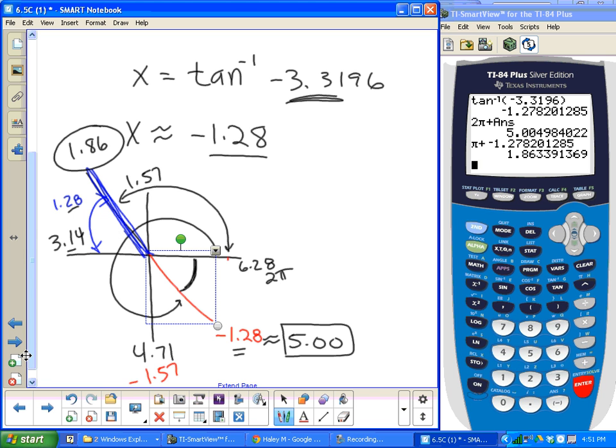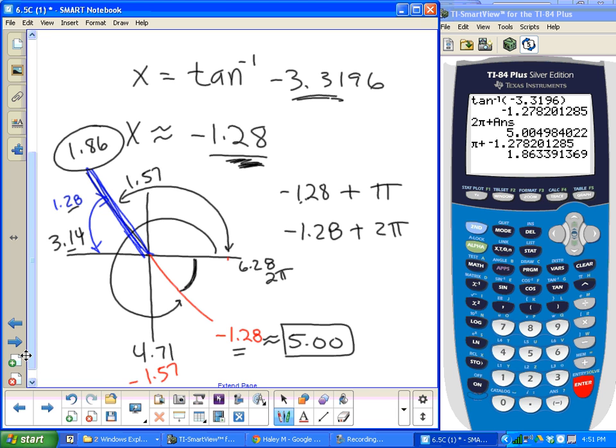And so really all you're going to have to do is take the inverse tangent. So what we're doing here is taking negative 1.28 and adding pi, and then adding 2 pi to get those other two answers.